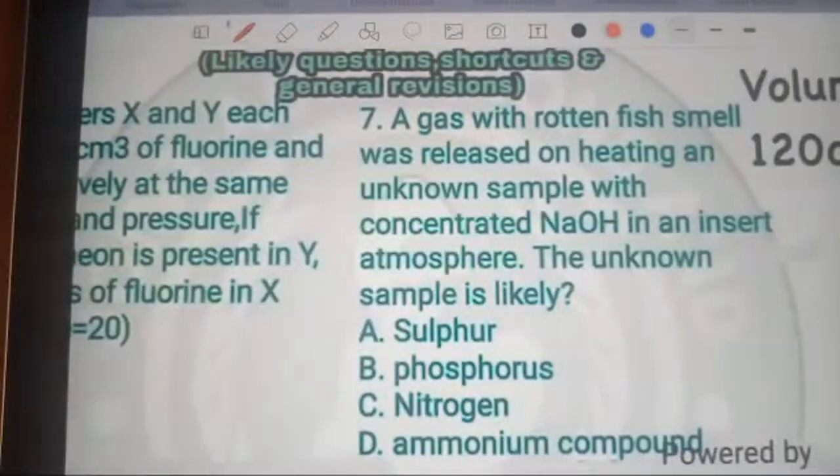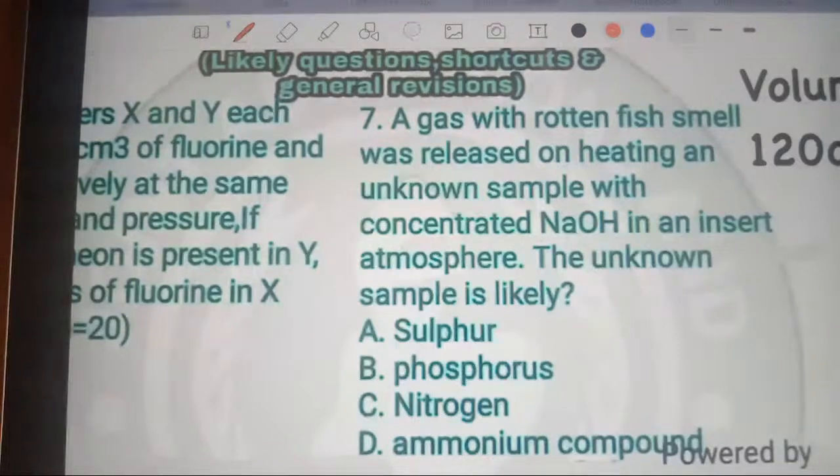Okay, we come back to question number 7. Listen up, this is all about a gas with a rotten fish smell. Some of you will be tempted thinking about hydrogen sulfide. No, hydrogen sulfide has the smell of a rotten egg, not rotten fish. So the gas that has this smell is nothing but phosphine, that is PH3, which is an analog of ammonia.